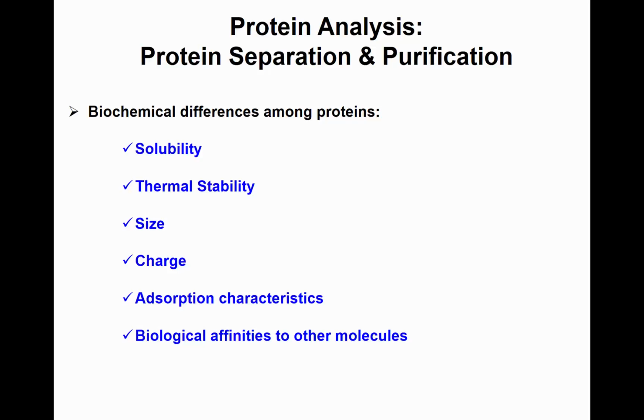Some of the biochemical characteristics that are helpful when selecting methods of separation: what do we know about the protein solubility? Is it more soluble in alkaline conditions? Is it more soluble in a little bit of a salt solution? Another important biochemical characteristic is thermal stability.